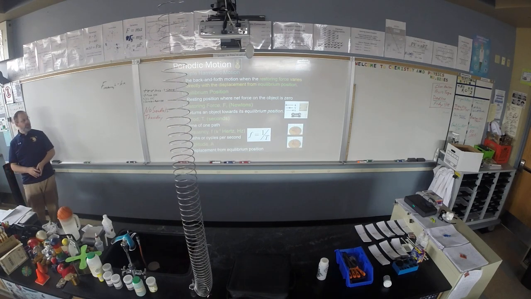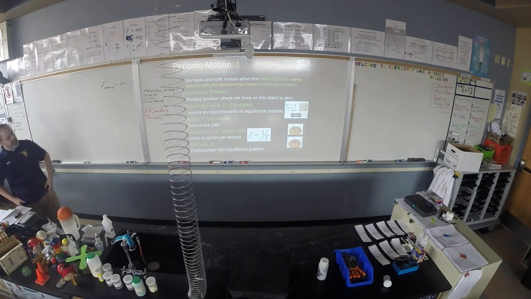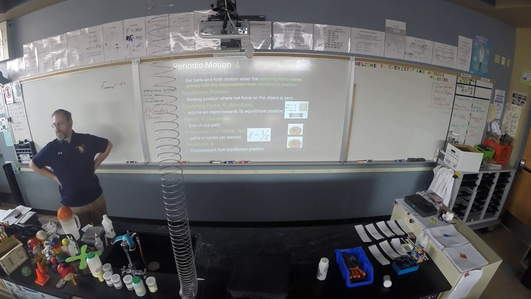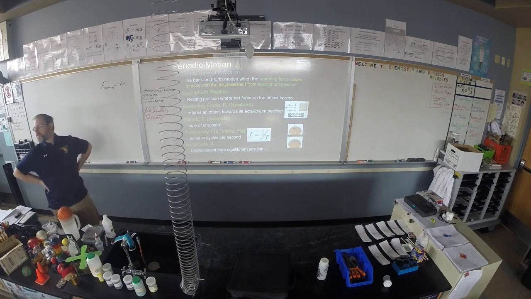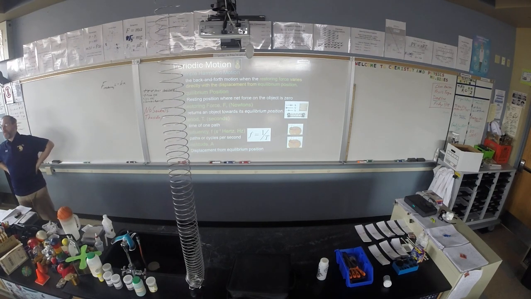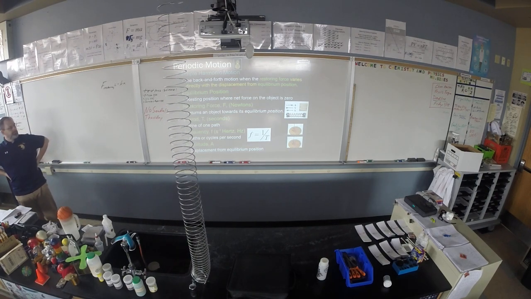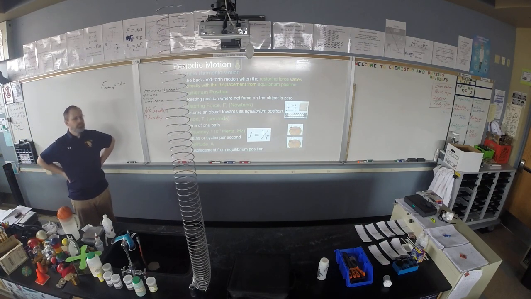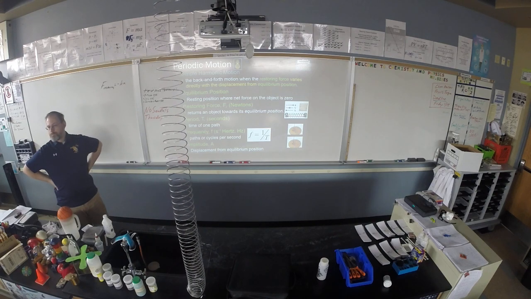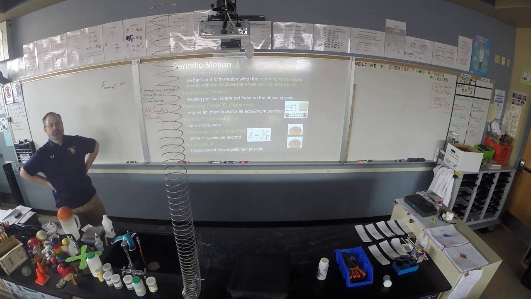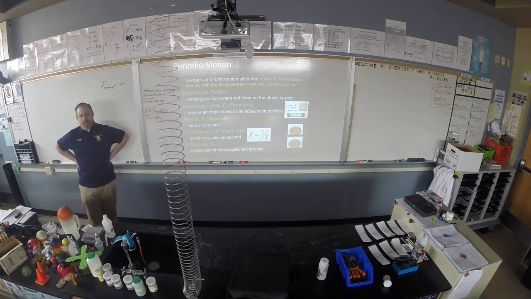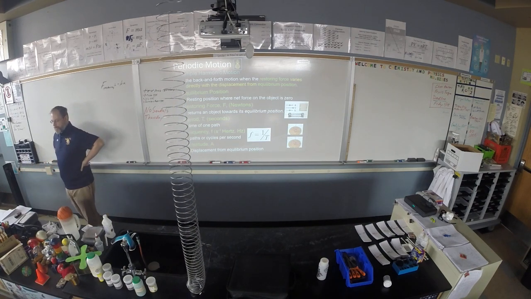And then, of course, period, frequency, and amplitude might be new words for you. Amplitude is the oomph, how much energy something's carrying. In simple terms, amplitude is the distance from equilibrium. Amplitude for a spring is pretty easy.